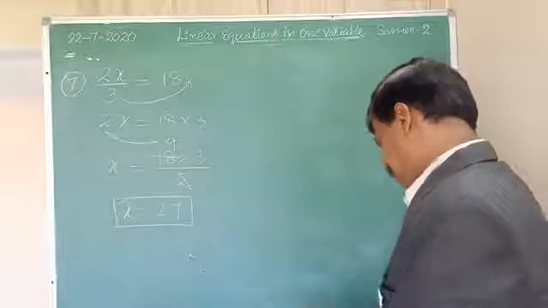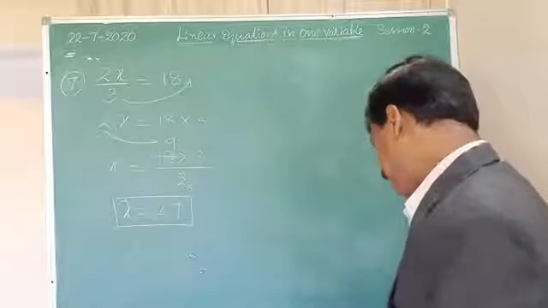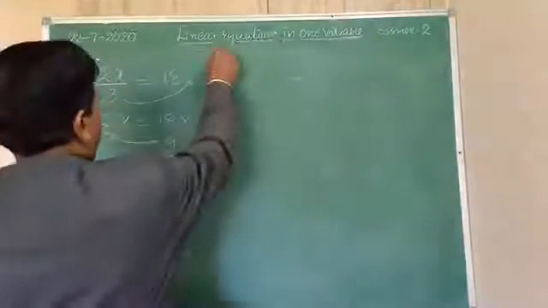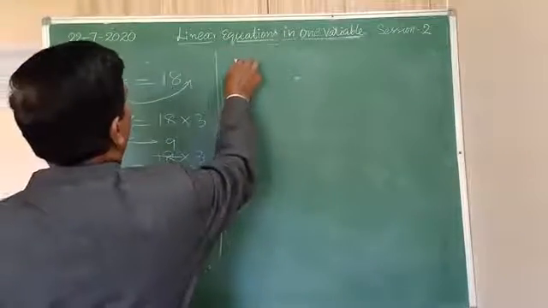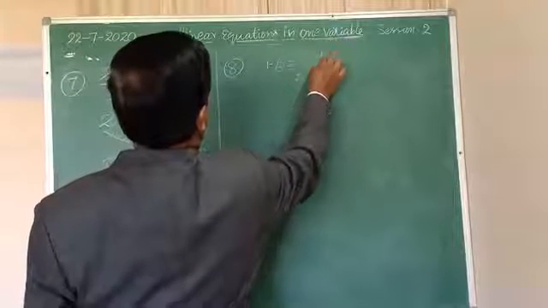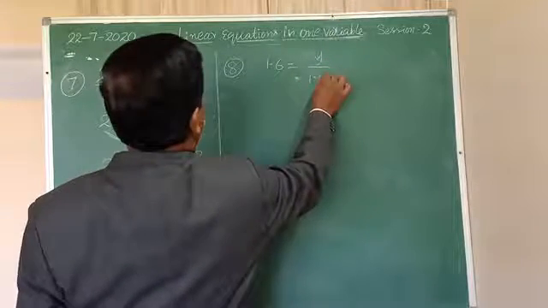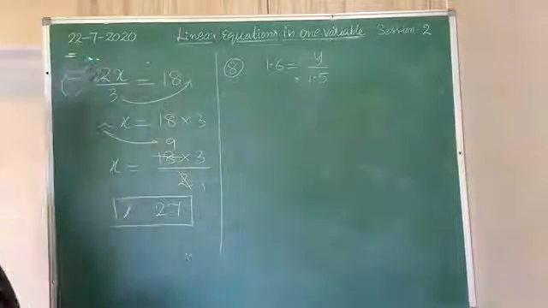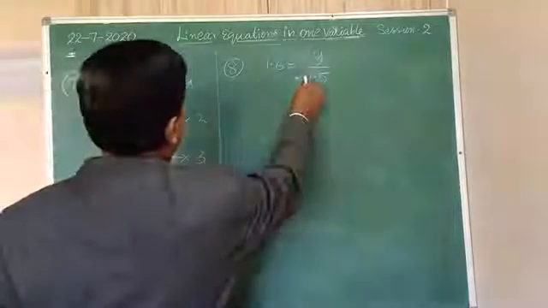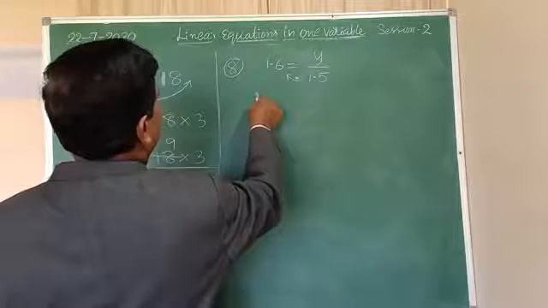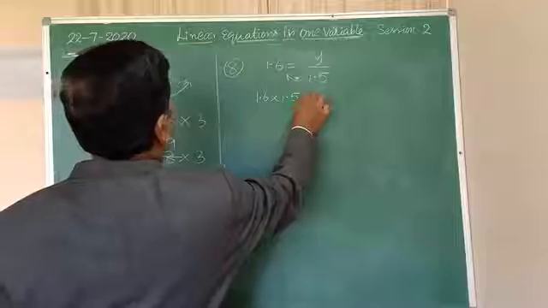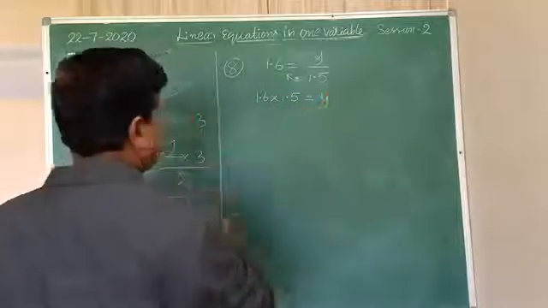Right. Now another one is 1.6 is equal to y by 1.5. Now we want the y value, so shift this to this side. So 1.6 into 1.5 equals y.